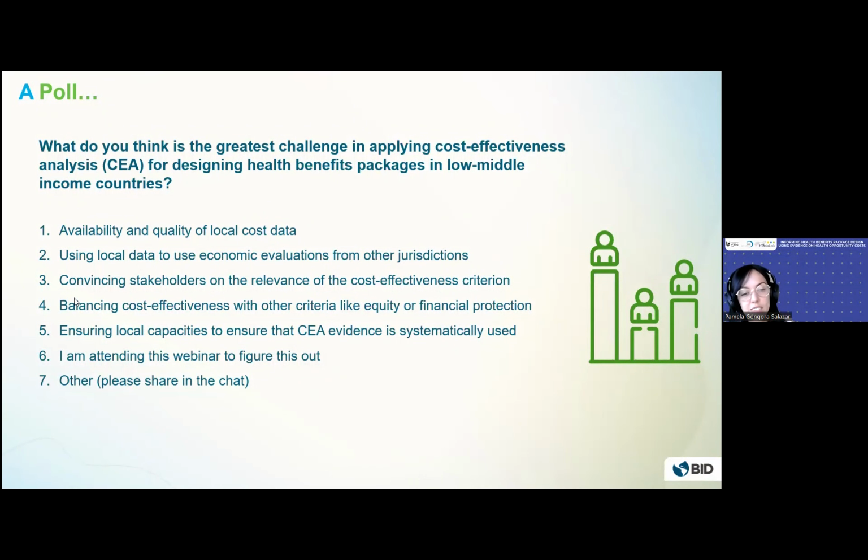The third one, convincing stakeholders on the relevance of the cost-effectiveness criterion, balancing cost-effectiveness with other criteria like equity or financial protection, or ensuring local capacities to ensure that cost-effectiveness evidence is systematically used. You can also say that you're attending this webinar to figure this out, or you can also suggest another answer.